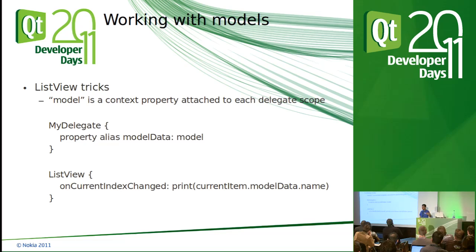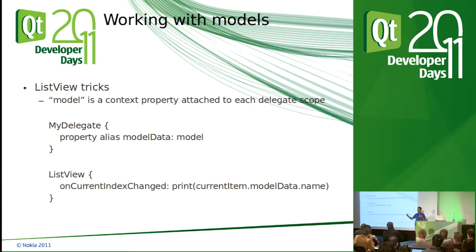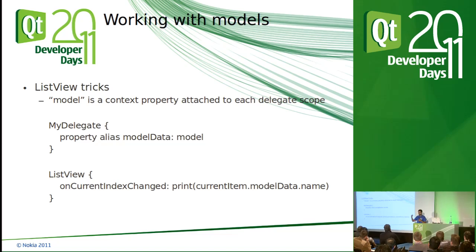The component has a component scope. To each component scope, QML attaches a property, it's not an attachment, it's a context property called model. So you can say model.foo inside your delegate, and it will actually fetch the data role associated with foo, model.bar, it will fetch the data role associated with bar.